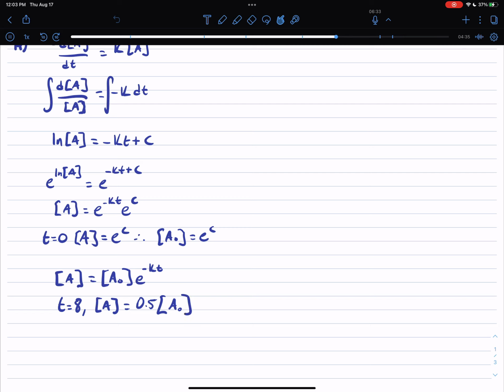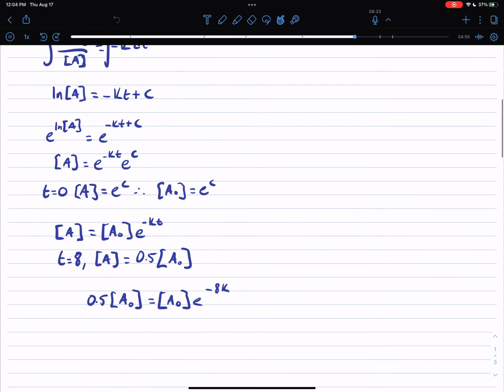So now if we substitute those values, we will get the following. 0.5 A naught is equal to A naught times e to the negative 8k.